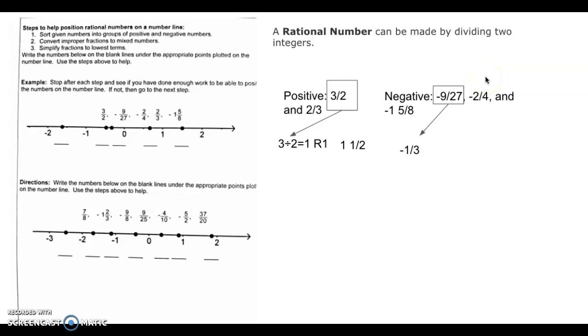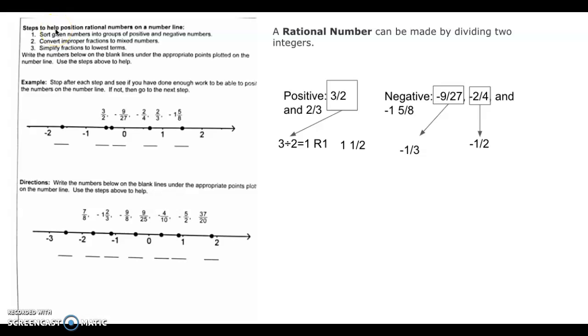That definitely can be simplified. 2 goes into 2 once, 4 goes into 2 twice, and it becomes negative 1/2. And then we can't simplify 5/8 because 5 doesn't go into 8 and 8 doesn't go into 5. So now we have step 3 done.